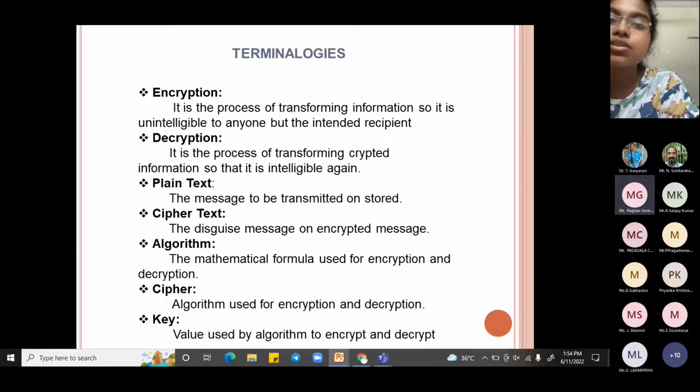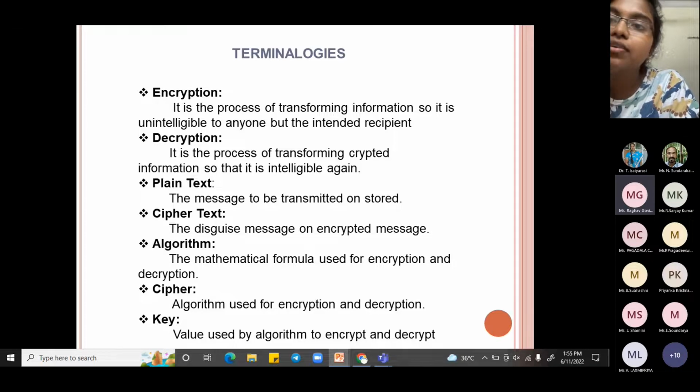Encryption. Suppose someone gave us a plain text, hello, and we have to send it to someone else without the other person knowing what we are sending to the recipient. So we have to encrypt the text hello into something like 1 2 3 4 5.